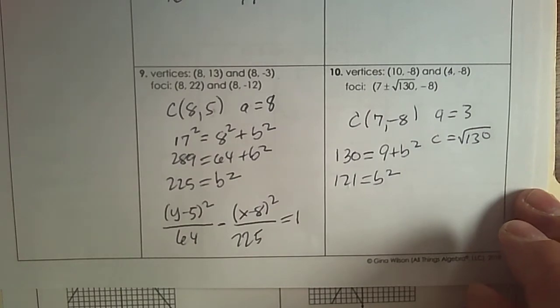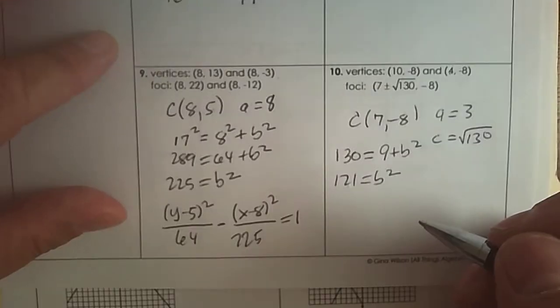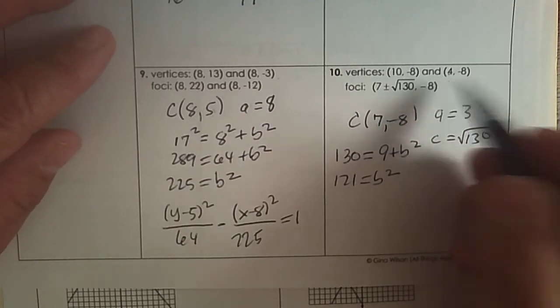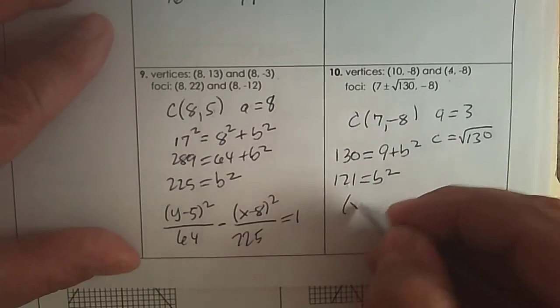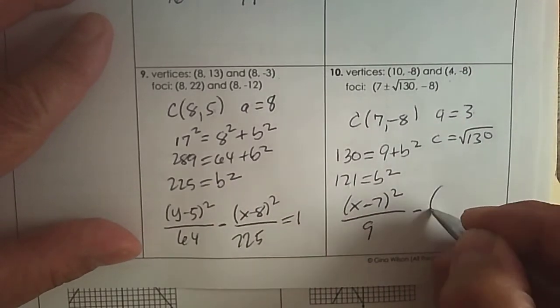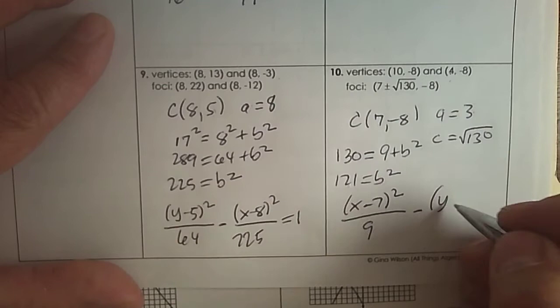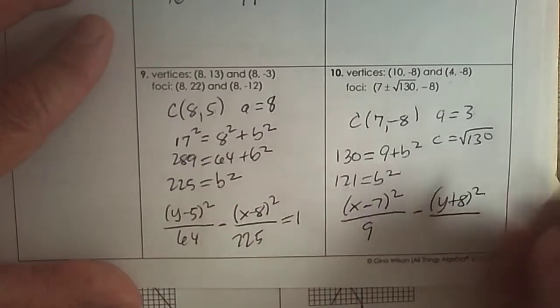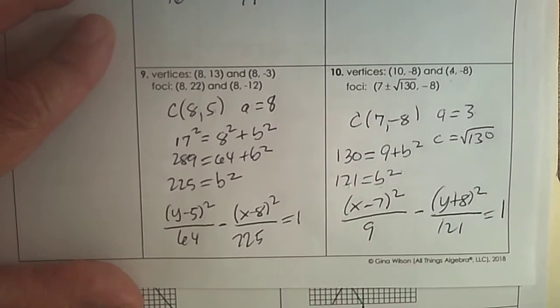I don't need to square root it. So the equation then is, and again the x's come first because the x's change for the main vertices. That would be x subtract 7 squared over 9 subtract y plus 8 squared over, now the denominator, b squared, that's 121, and that's equal to 1.